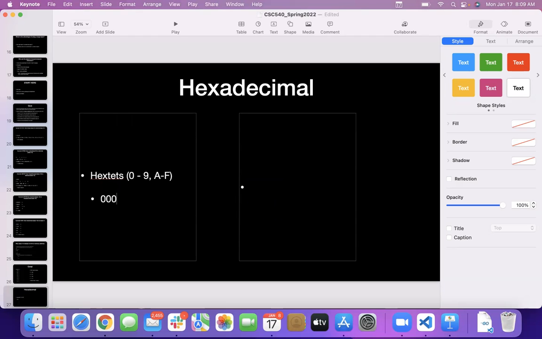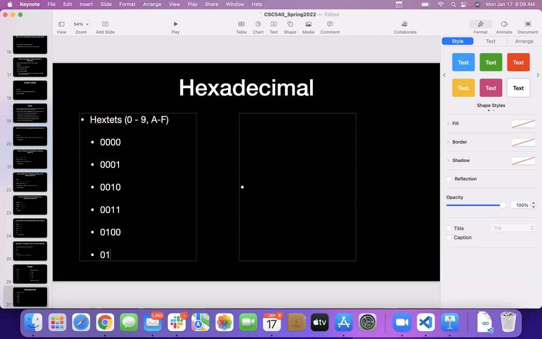So that's 0000, 0001, 0010, 0011, 0100, 0101, 0110, 0111, 1000, 1001. That's a 7, an 8, a 9. Just up to that for right now.